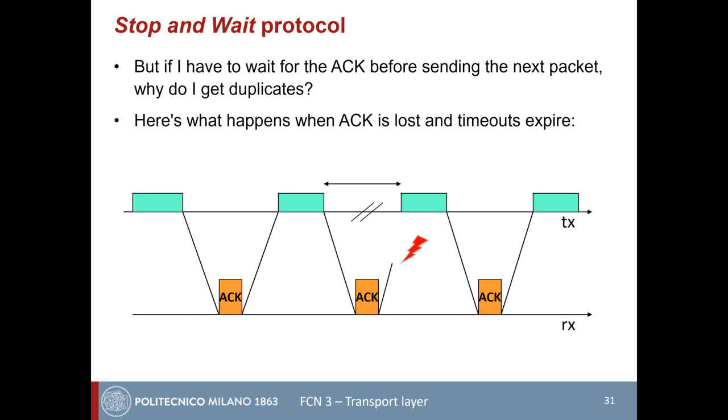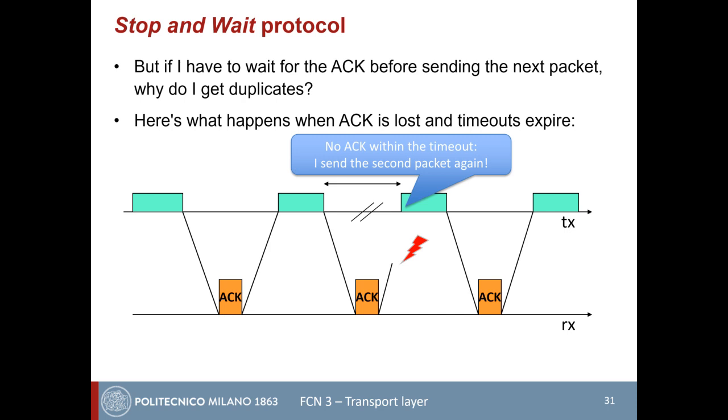So the receiver sends back the ARQ, but the ARQ gets lost. So when the timeout expires, the sender starts retransmitting the same packet, because for the sender, this packet has been lost. The sender has no way to understand if the error was on the packet or on the ARQ.